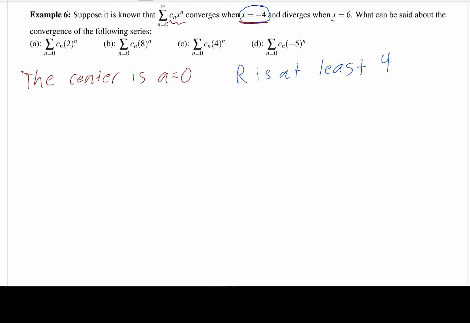Now, since I know that it diverges at x equals -6, I can say that r can't be bigger than 6.